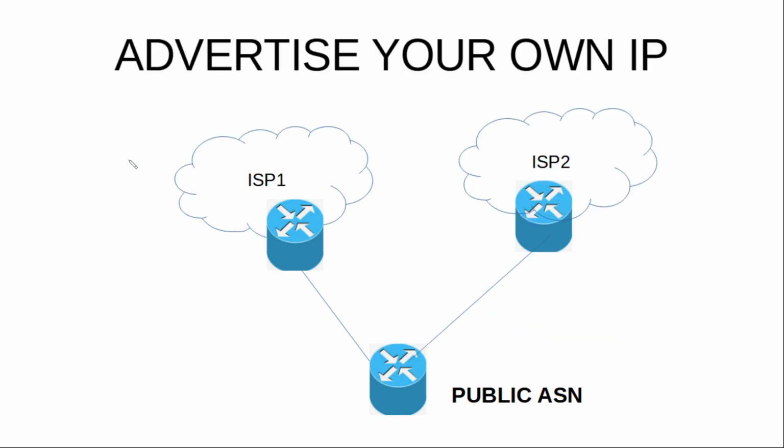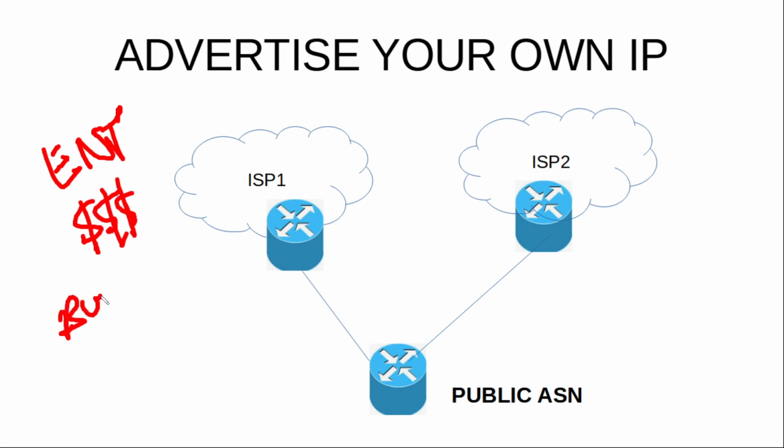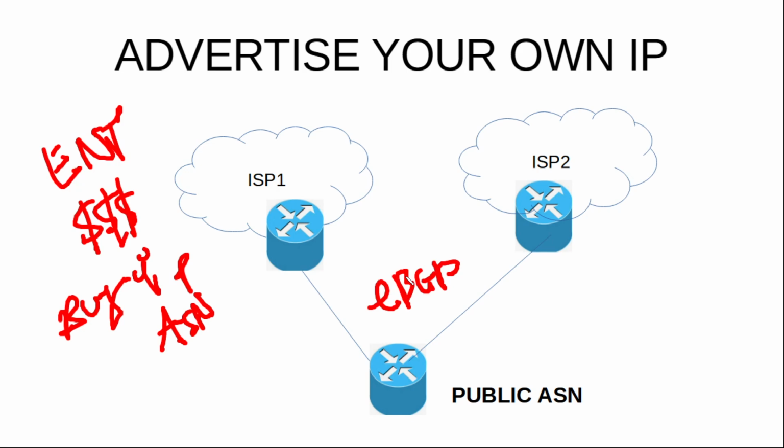Now, for enterprises that are willing to spend more money, they can actually buy an IP address or an autonomous system number. So you could contract several ISPs to set up eBGP, so you can advertise your public IP addresses using your autonomous system number.